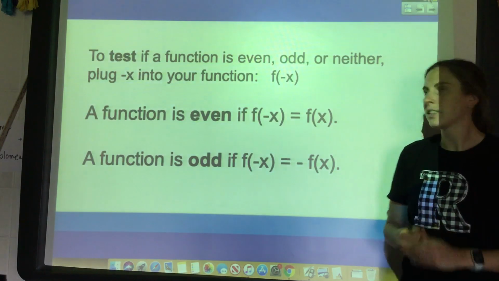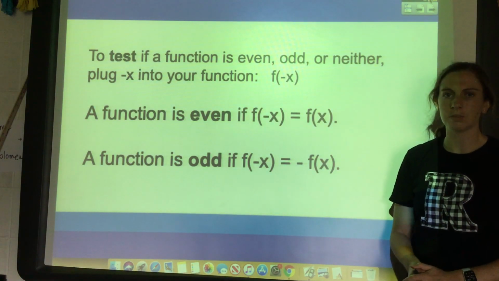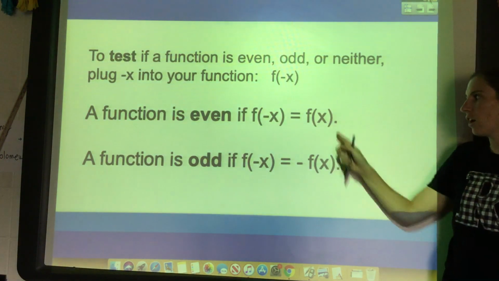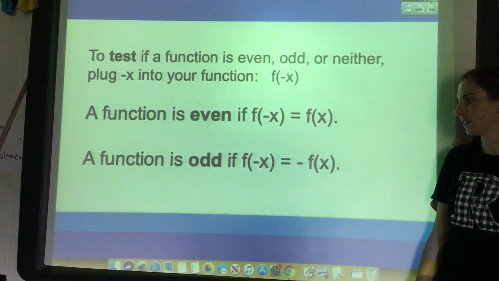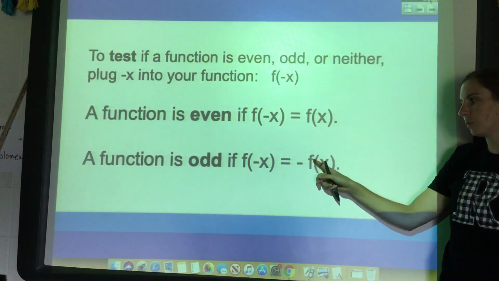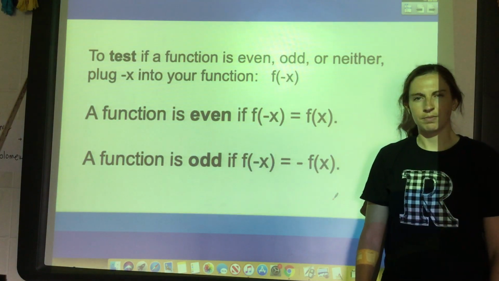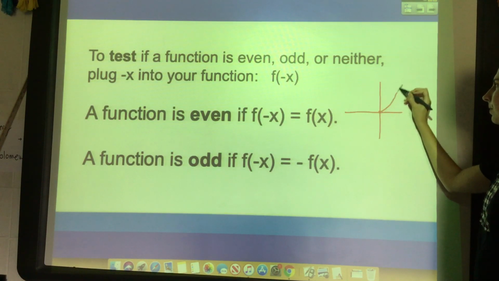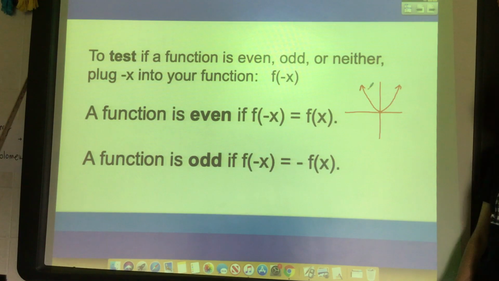The test is plug in negative x instead of x to your function. If you get out what you started with, it's an even function. If you get out what you started with but completely negative, it's an odd function. And here's why. Let's think about the graph of x squared. This is an even function because it's symmetric about the y-axis.